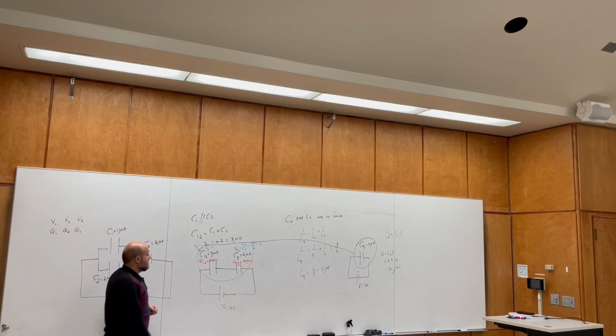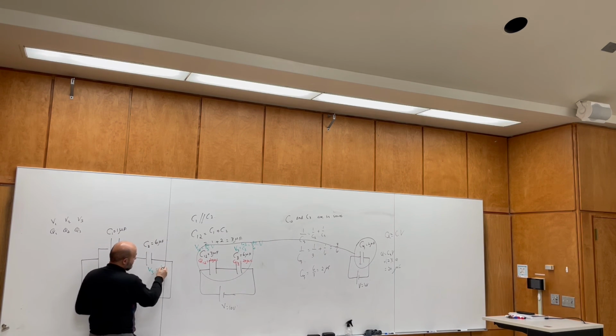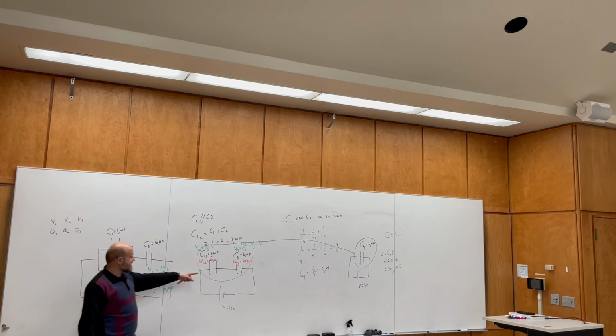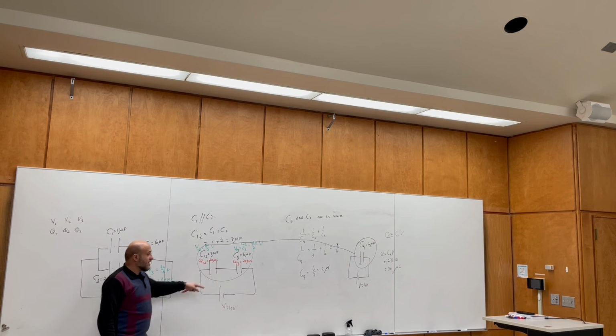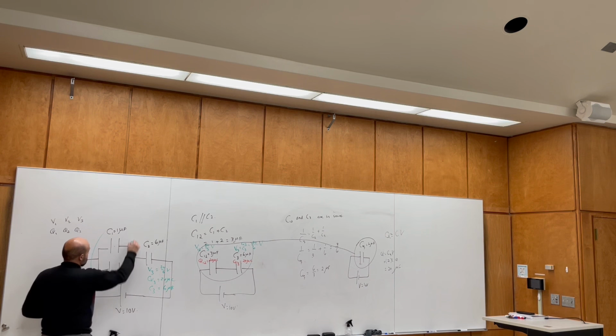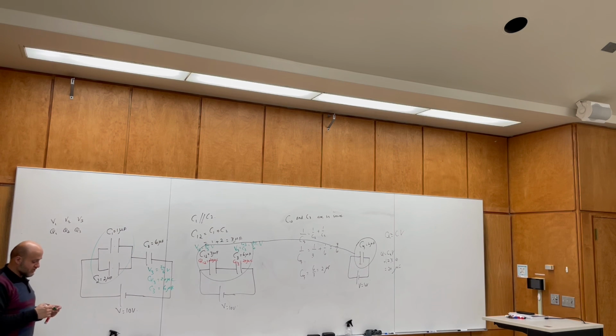But again, my goal is to find them here. So now, this one is an original one. So the same numbers we have. So V3 is 20 over 6, Q3 is 20 microcoulomb, and C3 is 6 microfarad. So we have everything here. But now, this one is not the original capacitor. This is an equivalent of 2 capacitors that are initially in parallel combination.